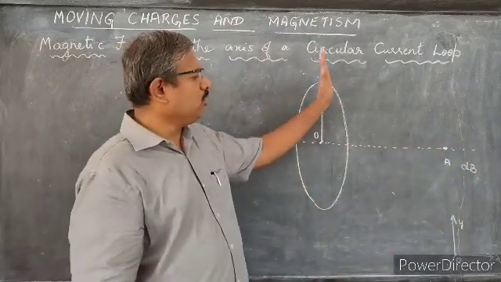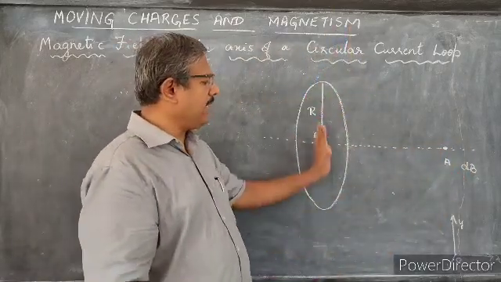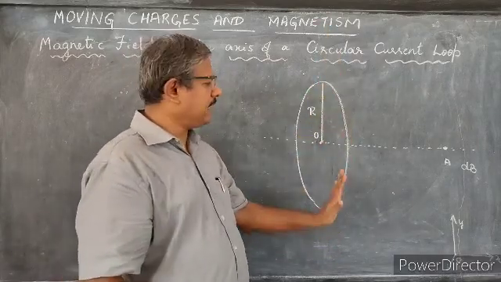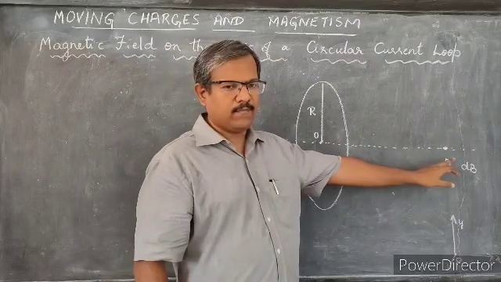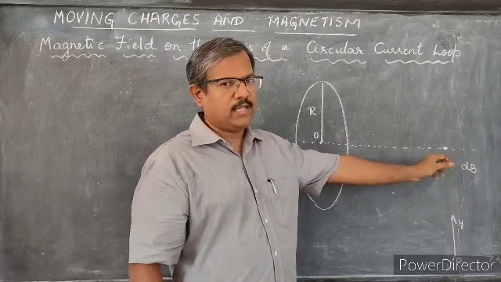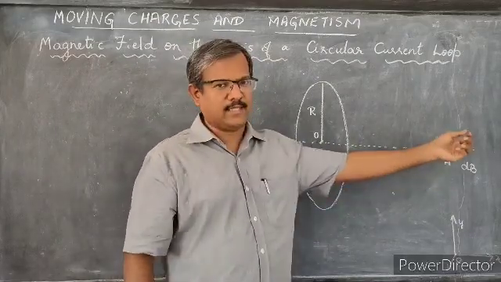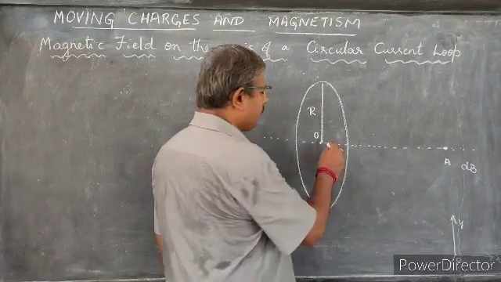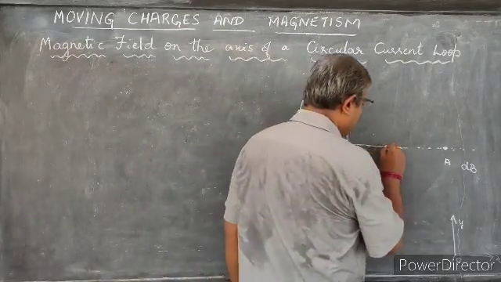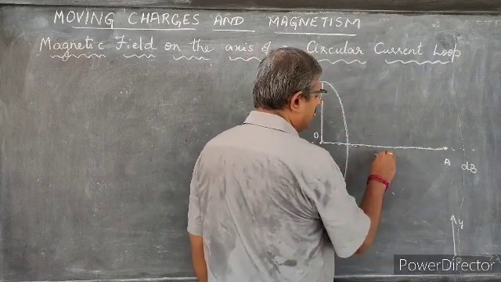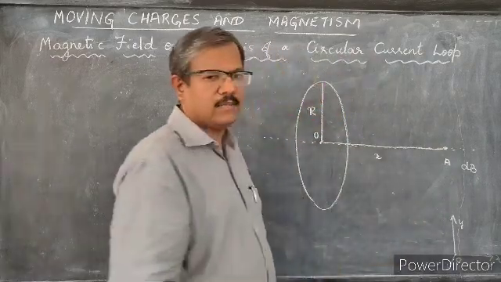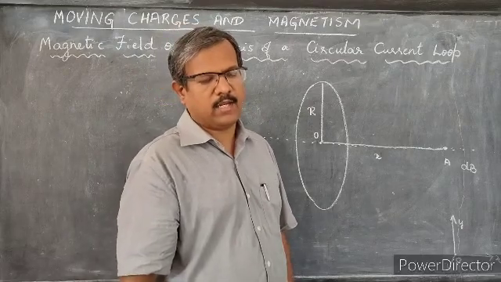If my circular loop is in the YZ plane, on which axis do you think point A is? Yeah, you guessed it right. It will be on the x-axis. This distance along the x-axis, I will assume to be some small x units.